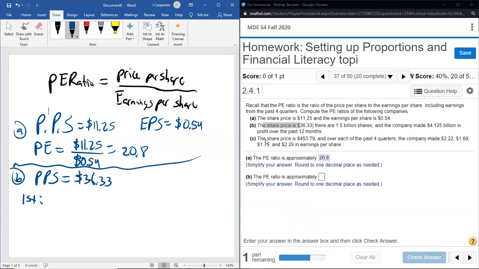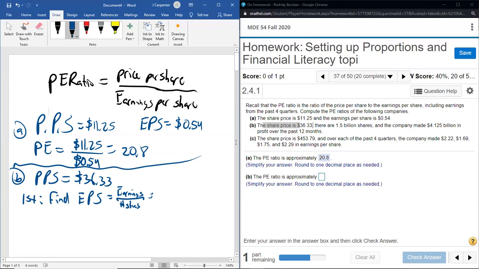First, we need to find the EPS, the earnings per share, which is literally the earnings per, which means division, and then the number of shares. What's your earnings? Oh, they don't throw the word earnings in there. Oh, well, no, we can't do the problem. Yes, we can. Earnings means profit.